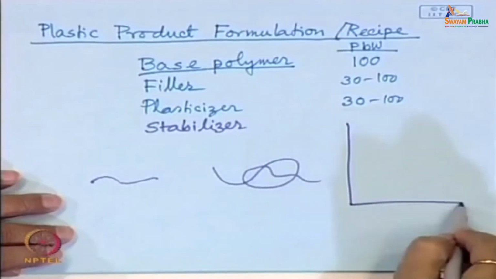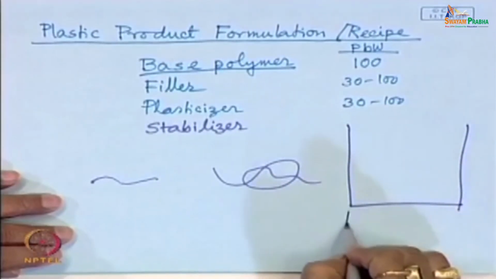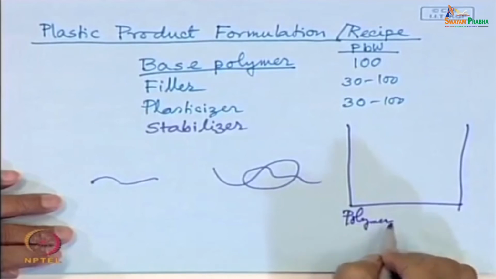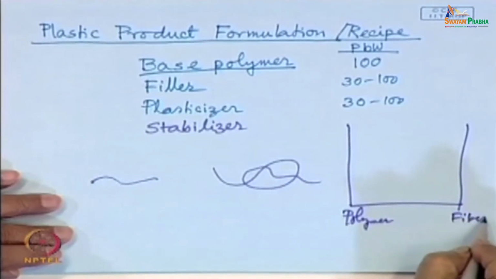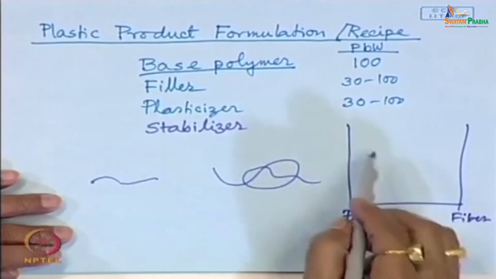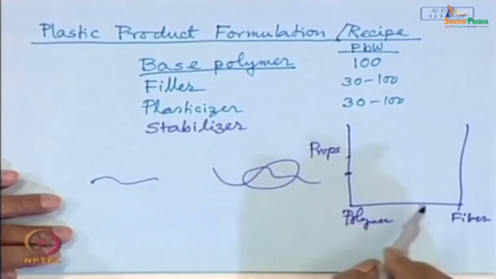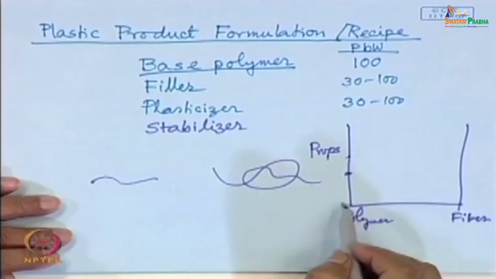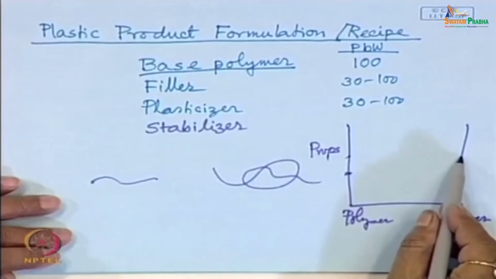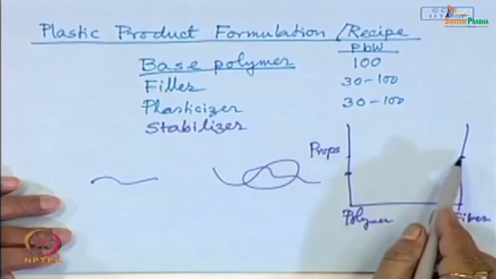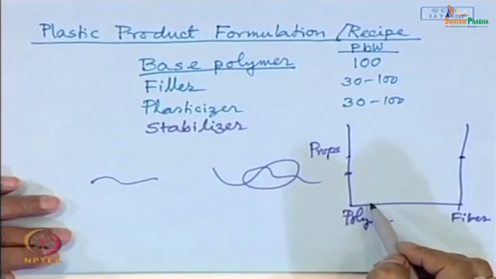So, if you look in this way, suppose this is the polymer axis, this is the fiber axis, and these are properties. Suppose the polymer properties lie over here and the fiber properties lie over here, a little higher than the polymer tensile strength.